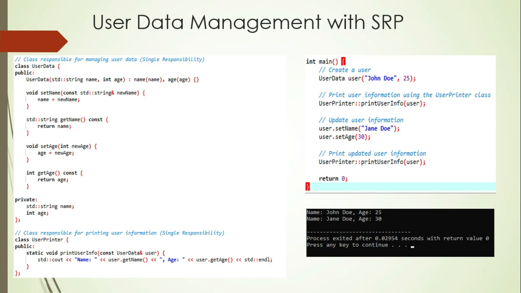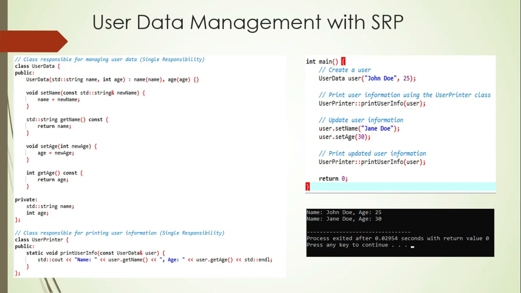Private members: we have a string name, which stores the name of the user, and an integer age, which stores the age of the user. So we have two private data members, the name and the age.